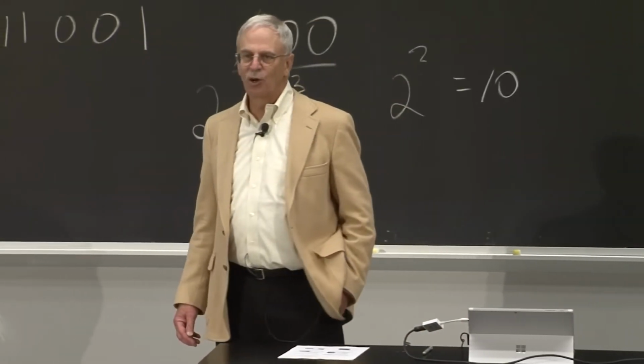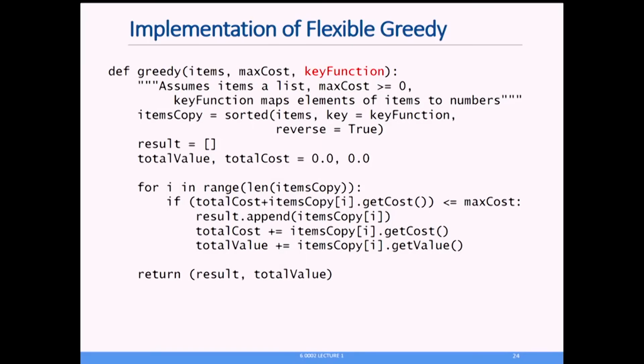Here's an implementation of a greedy algorithm. I called it a flexible greedy, primarily because of this key function over here. So you'll notice in red, there's a parameter called key function. That's going to map the elements of items to numbers. So it will be used to sort the items.